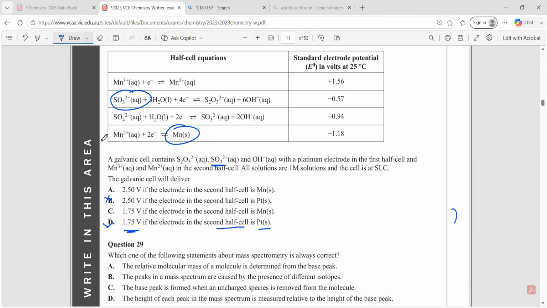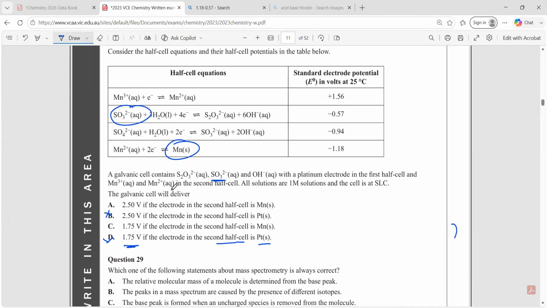This is a galvanic cell, is it not? 1.18 minus 0.57, 0.61. I'm gonna pause the video and try and figure it out.